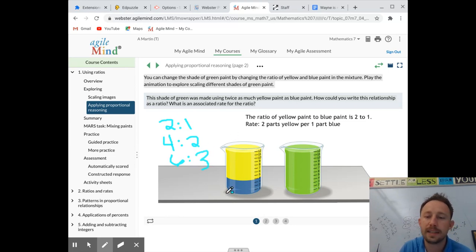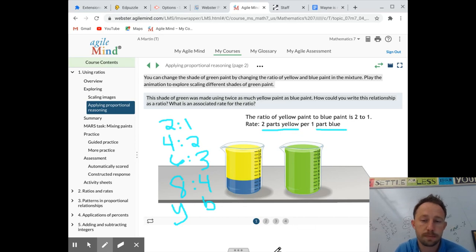All right. And in this case, the one that we were looking at, if we have a scale factor of 4, 2 times 4 is 8, and 1 times 4 is 4. And so that's the case that we're having because this stands for our yellow and this stands for our blue. Okay? Because they have said yellow parts per blue parts. Okay?